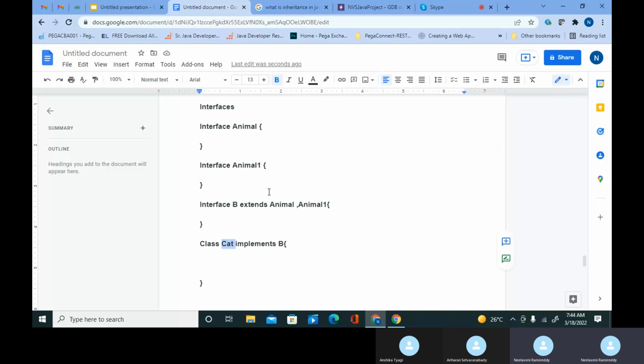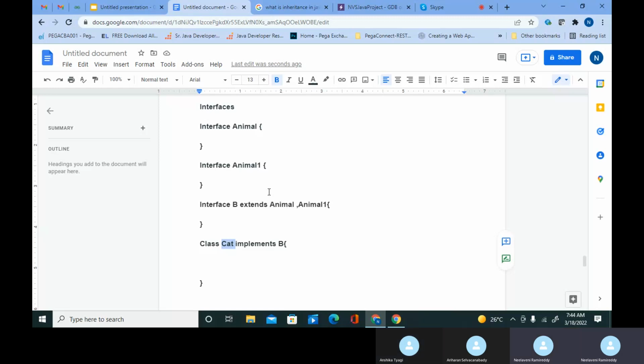Multi-level inheritance and multiple inheritance, what is the difference? In multi-level inheritance, we extend step by step, but in multiple inheritance we want to extend in one shot, which is not possible with abstract classes, but it is possible with interfaces.